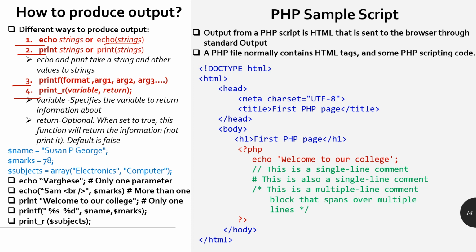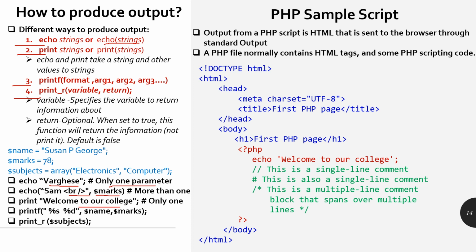See here, for example, first echo and print. Only one parameter is used here. In the case of echo, a comma separator is there, so we can use more than one parameter, but print won't allow that. Only one parameter is allowed.